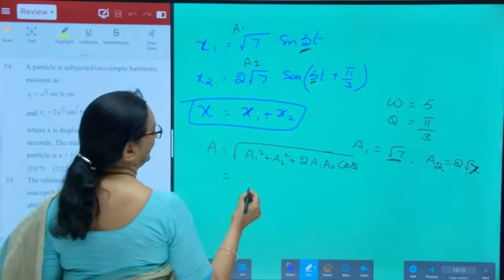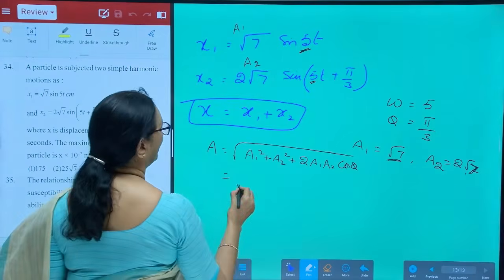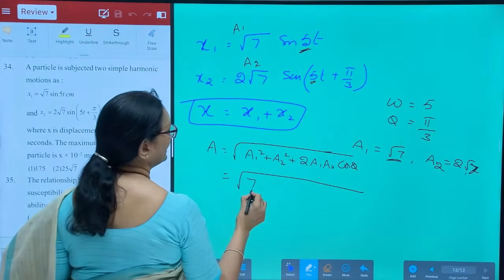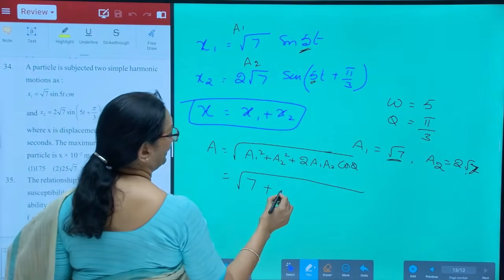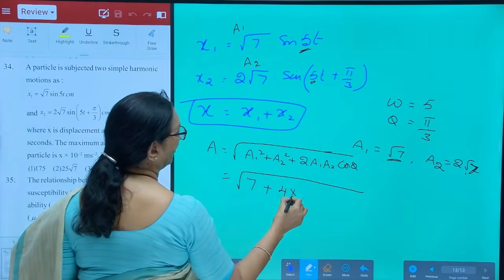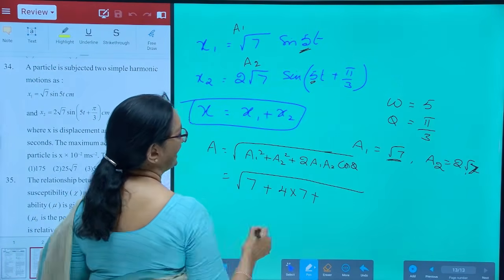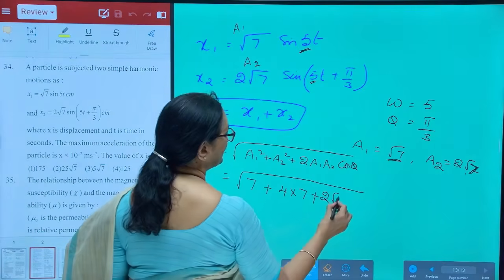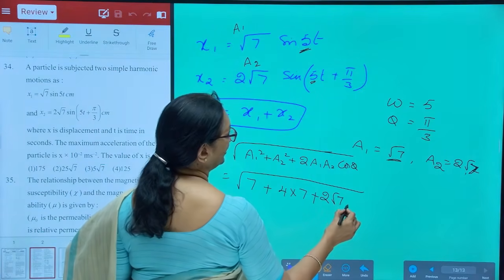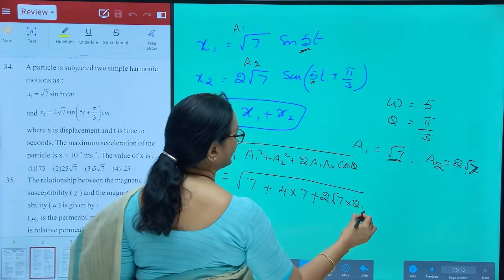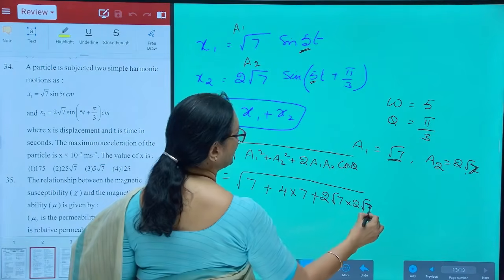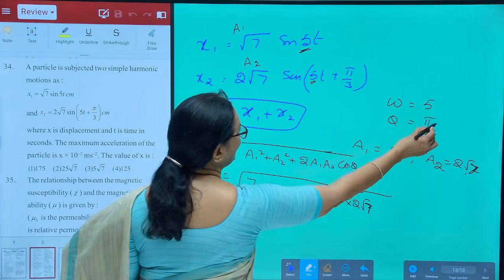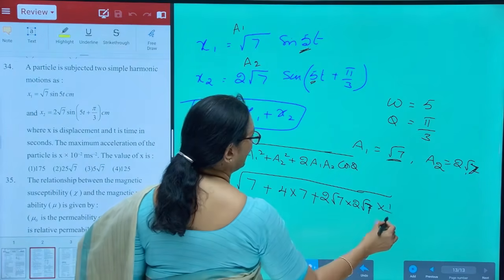So here, this is A1 square plus A2 square, 4 into 7 plus 2, A1 is root 7, A2 is 2 root 7, and cos phi is 60 degrees, that is 1 by 2.